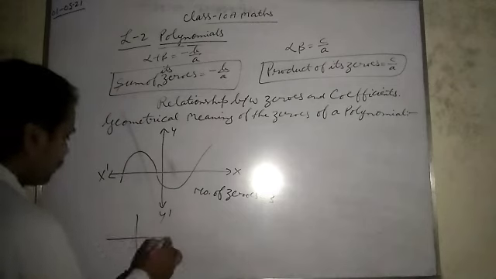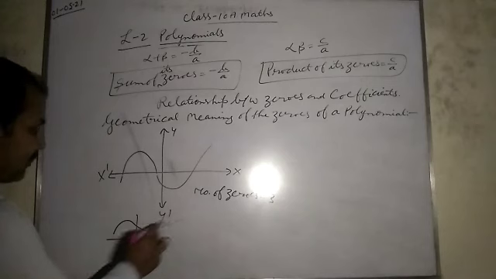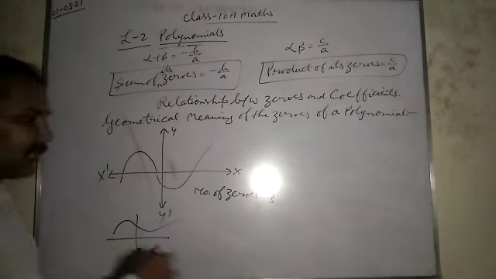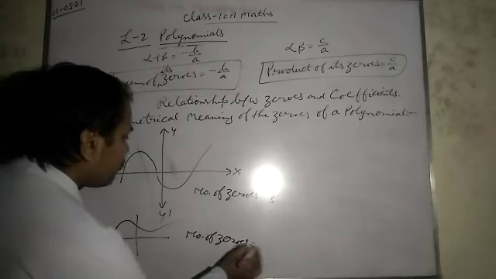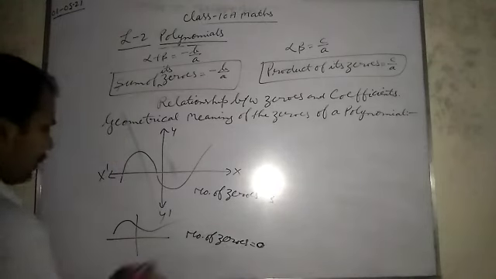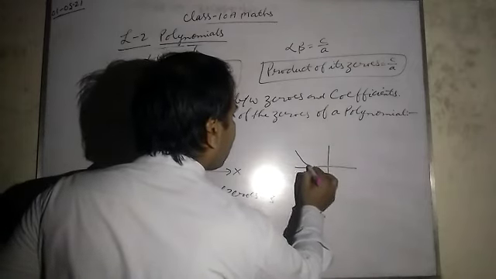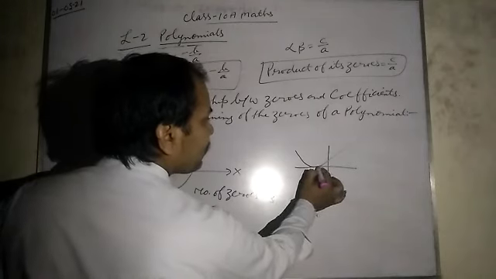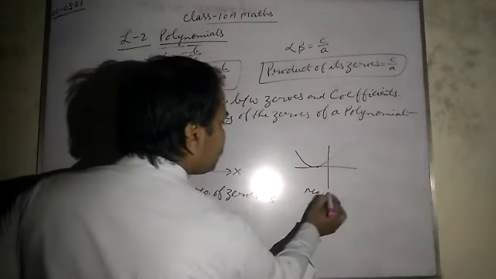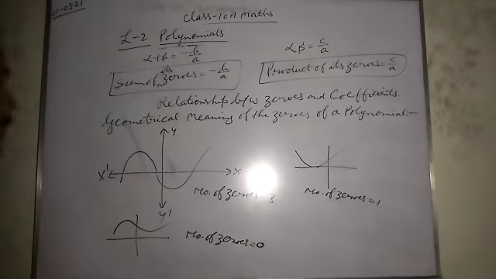Suppose one more graph like this: the curve is not intersecting the x axis at any point, so the number of zeros is 0. Like this one, the curve is touching the x axis at 1 point, so the number of zeros is 1.